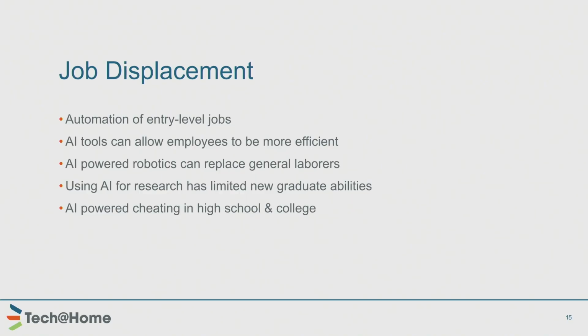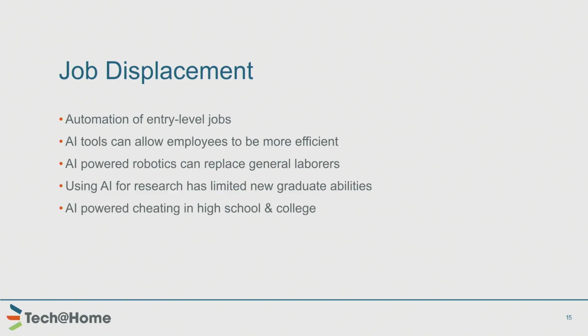So we have AI-powered robotics that can sort of replace any general laborer and is being used a lot overseas nowadays, where they bring in a couple $1,000 machine, which might sound like a lot, but over the course of a year, it might save tens of thousands of dollars on labor costs. It can allow your employees to be more efficient, which sounds good at the surface level, but then if one person can do the job of 3, then you no longer need the job of those other 2 people.